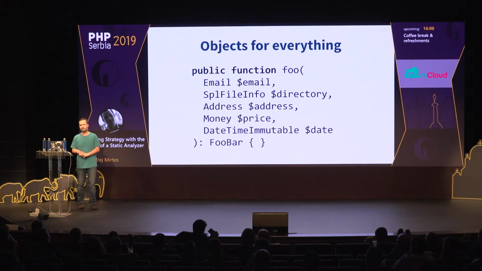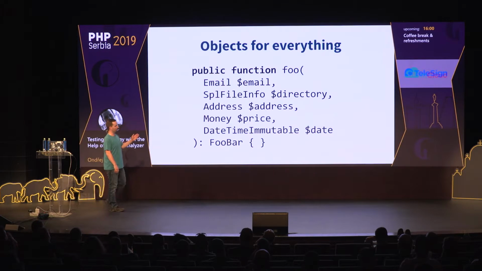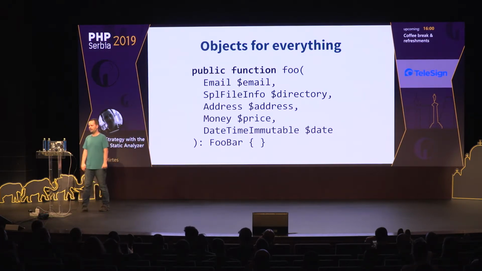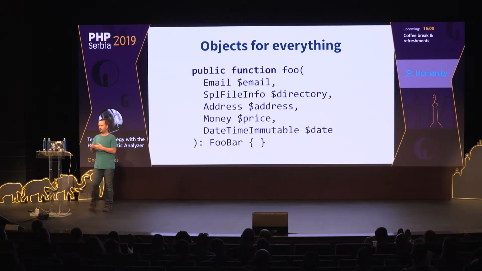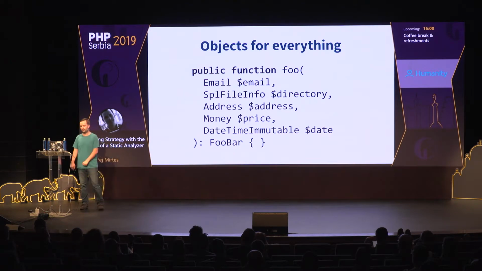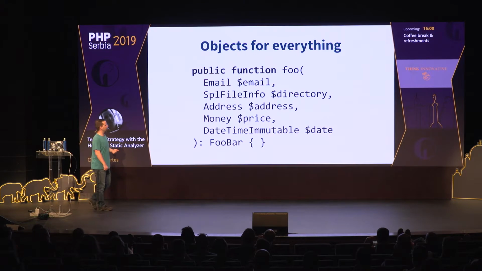And that allows you to not waste duplicate effort validating an email inside the method body. You only validate it in one place, in the email constructor, and you don't have to use defensive programming and validate it again inside each method body. That's the first benefit, having consistent and validated values.